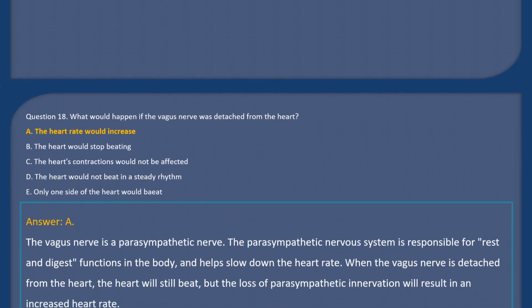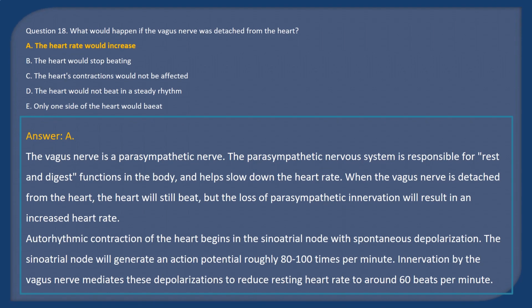Answer A. The vagus nerve is a parasympathetic nerve. The parasympathetic nervous system is responsible for rest and digest functions in the body and helps slow down the heart rate. When the vagus nerve is detached, the heart will still beat, but the loss of parasympathetic innervation will result in an increased heart rate.